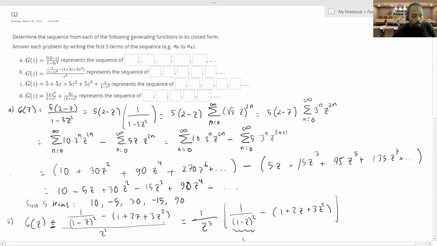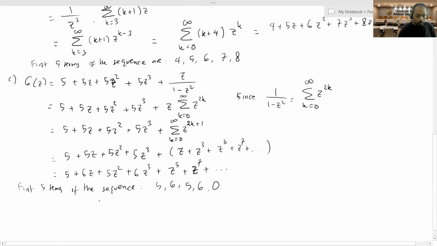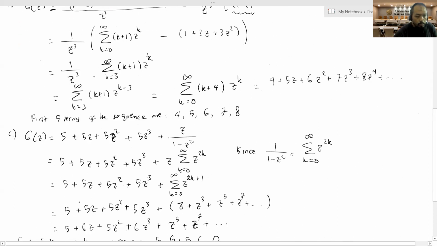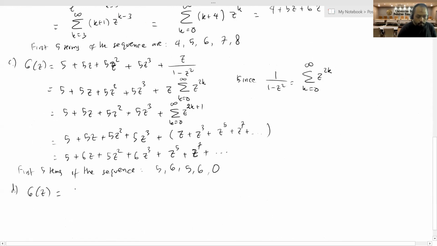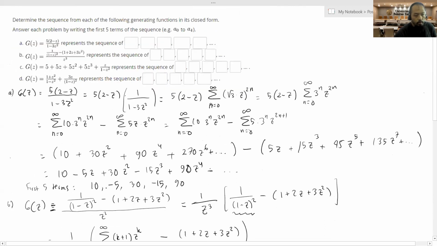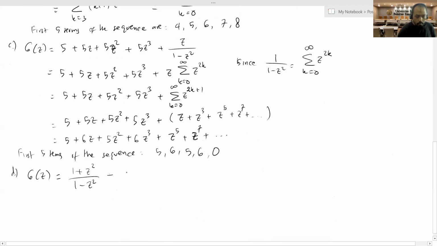Now part D. Let me write it down. GZ is equal to 1 plus z squared over 1 minus z squared plus 3z over 1 minus z squared.